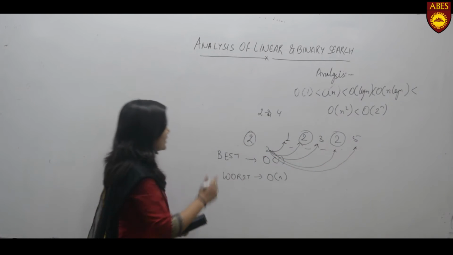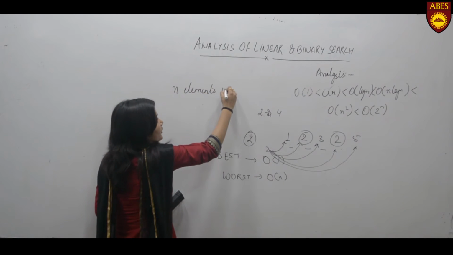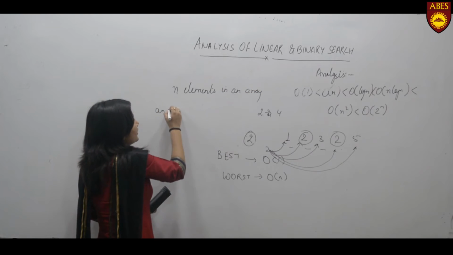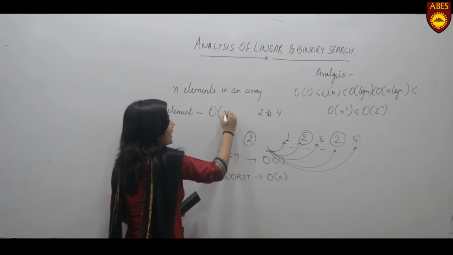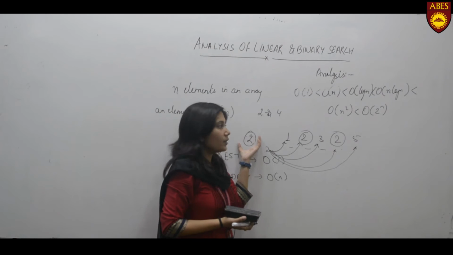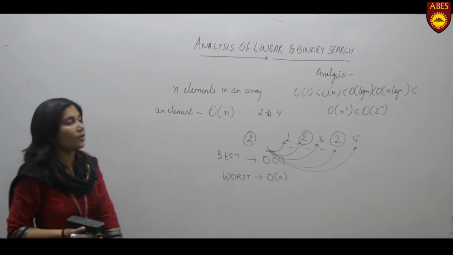So in general, we can say that if we have n elements in an array, to search an element in the array it will take order of n time, because this element is compared with each and every element present in the array. So this is all about the analysis of the linear search.